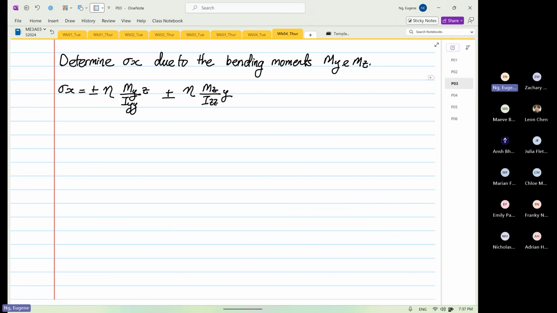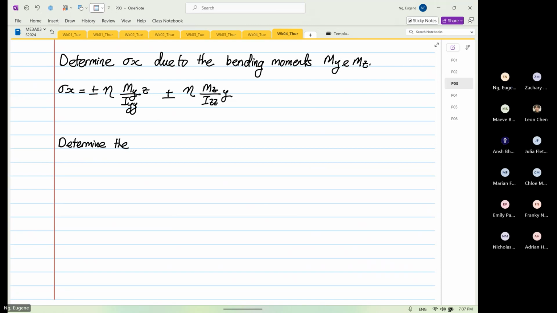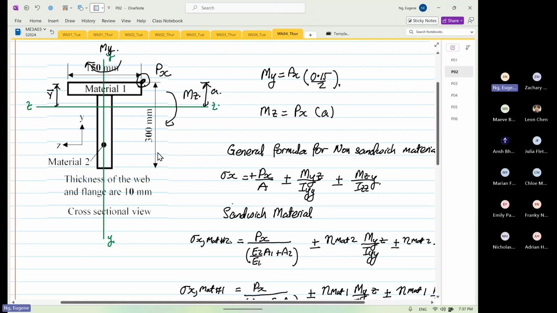So the first thing we're going to do is determine the position of the centroid y bar, and at the same time determine Izz. Okay, so let me get the cross-sectional view.